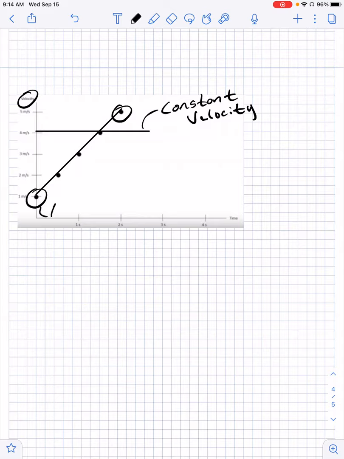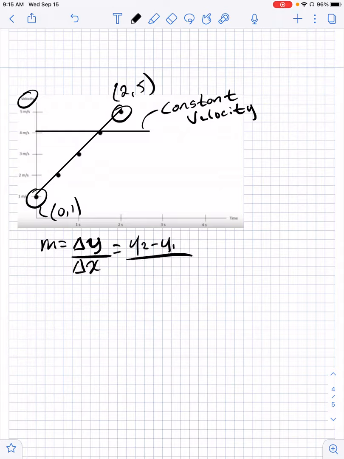Okay, so this point is 0, 1. Up here we have 2, 5. And let's find the slope of this line. So remember, slope is equal to your change in y over your change in x. So that gives me y2 minus y1 all over x2 minus x1.